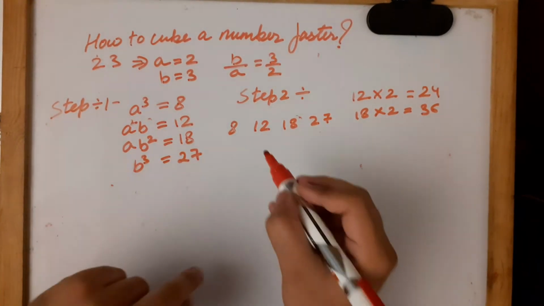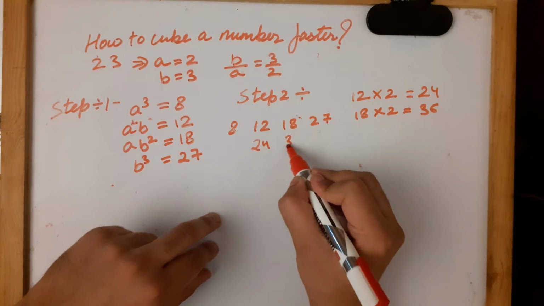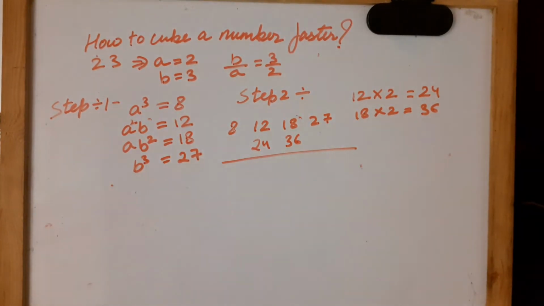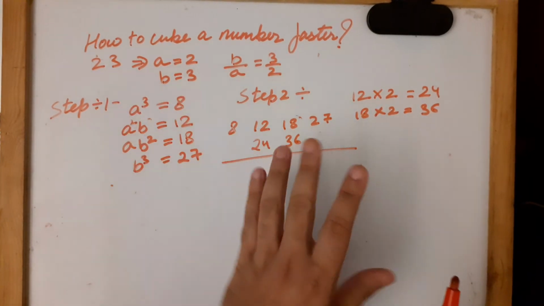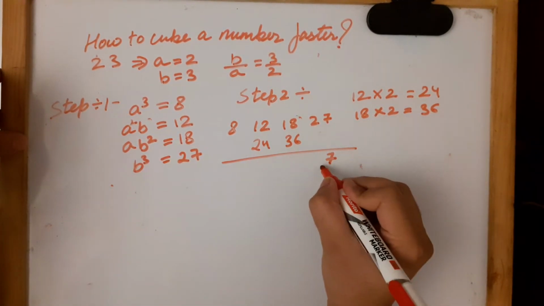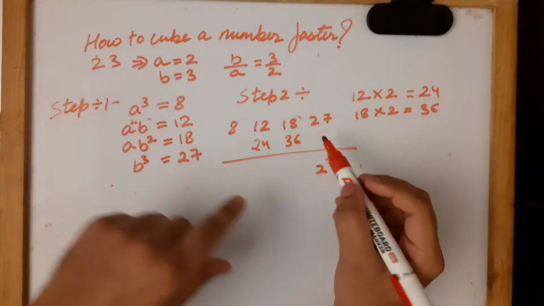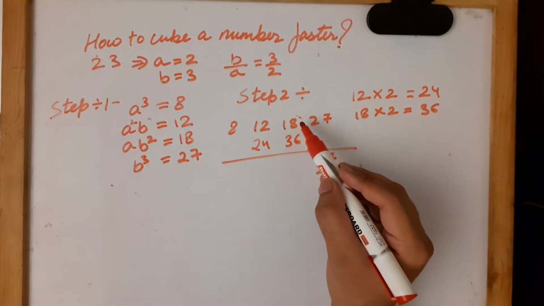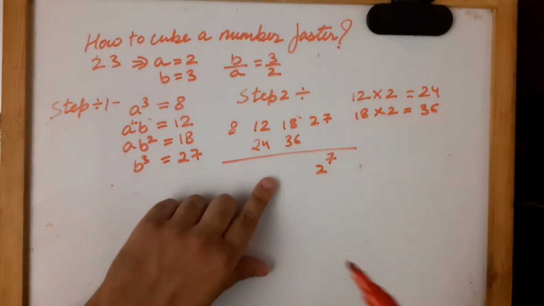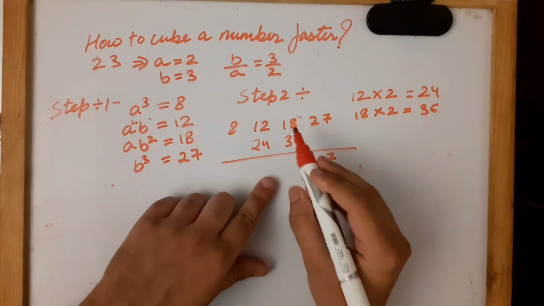Okay guys, now you have to write 24 here and 36 here. Now remember one thing, you have to take only the last digit, leaving the first element. For the rest of the elements you have to take the last digit. That means 7 and it is having carry 2. When we are having carry 2 here, what is the output? 8 plus 6 is 14, 14 plus 2 is 16, 6, and 1 carry.